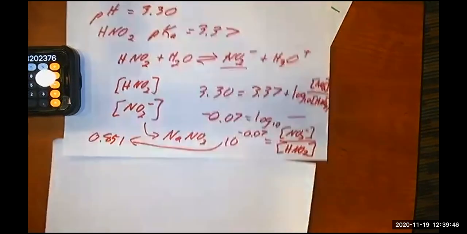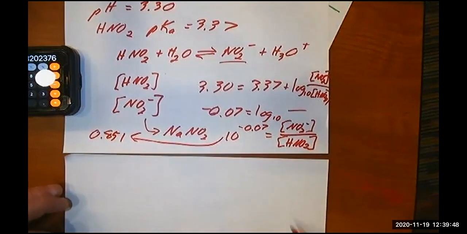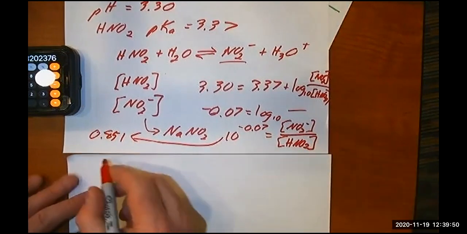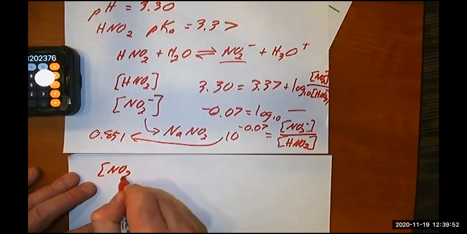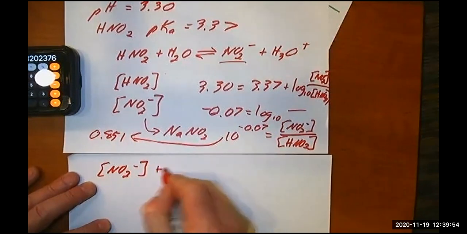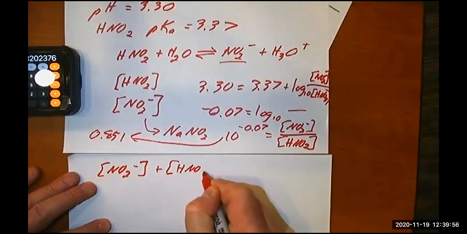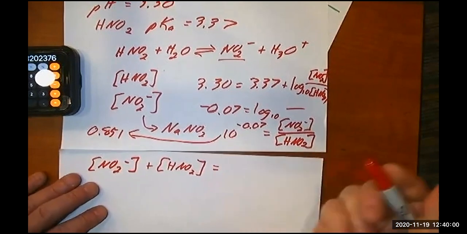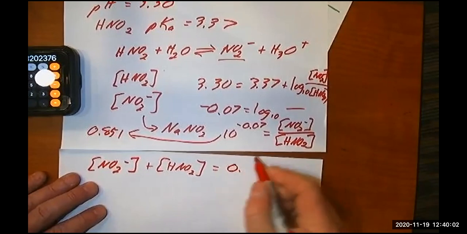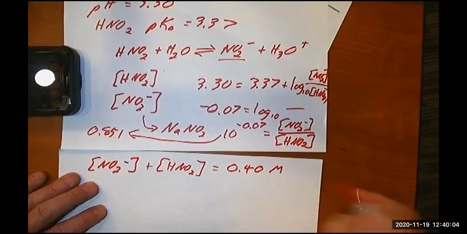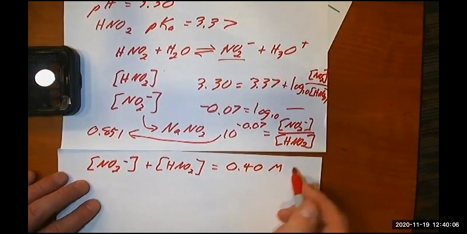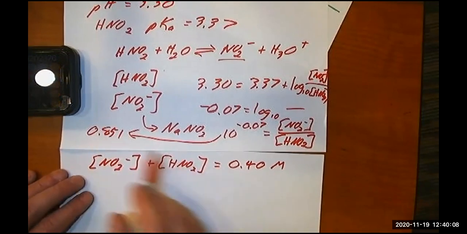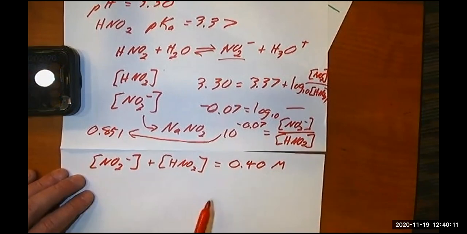Then if we are told that the amount of nitrite that we want in the system, so the NO2 minus plus HNO2, if we want our total concentration of the nitrite that we're dealing with to be, say, 0.40 molar, then we can combine these two pieces of information to find the individual concentrations we're wanting to make.